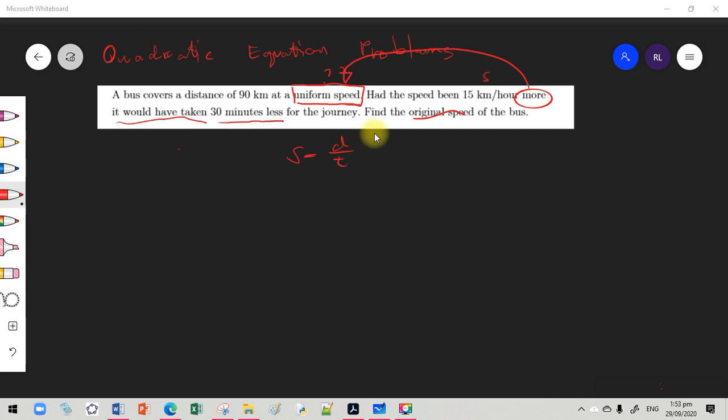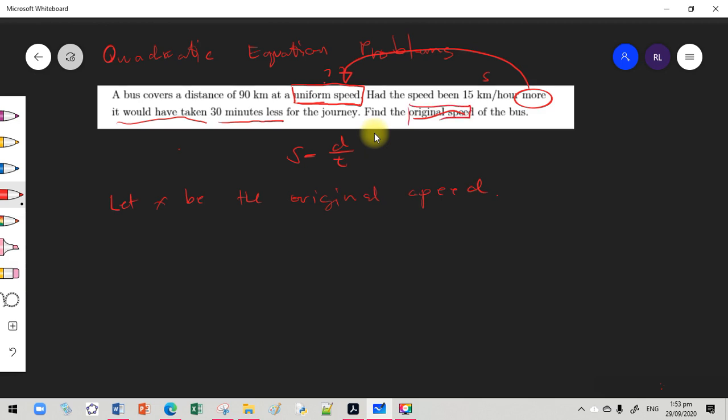So let x be the original speed, because we do not know that.